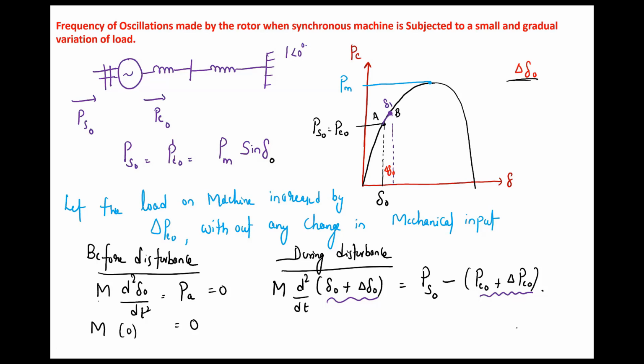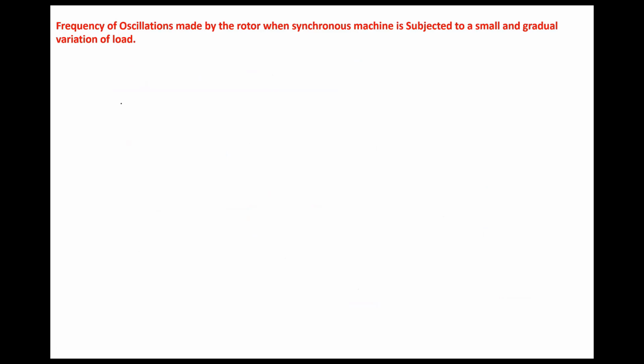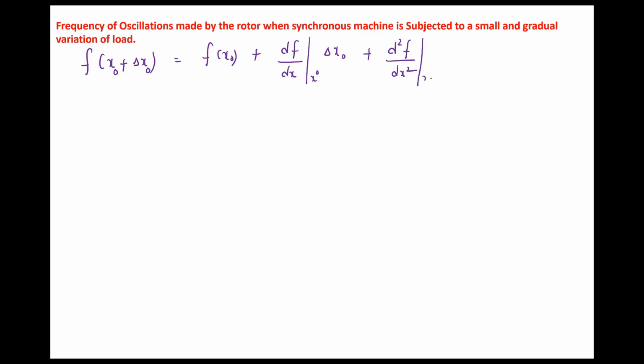If you expand this equation, if you remember your Taylor series, f of x naught plus delta x naught, how can you write this? f of x naught plus df by dx at x naught into delta x naught plus d square f by dx square at x naught into delta x naught square divided by 2 factorial, and so on.